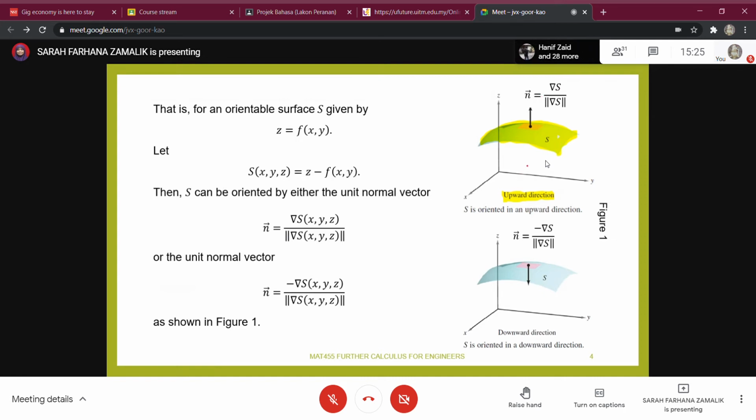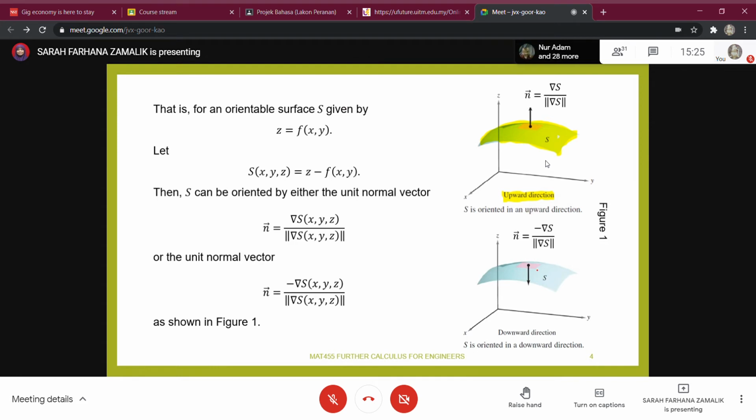This one has an upward direction. S is oriented in an upward direction. Also, because this is only a single sheet surface here, it can also be a downward direction. If you have the downward direction here, then our unit normal points downward like this. That's why it has an arrow like this.